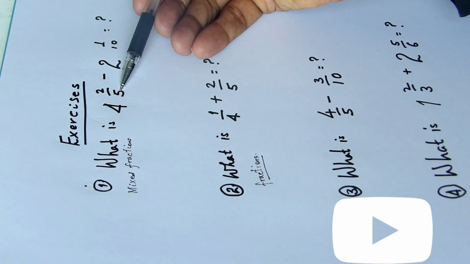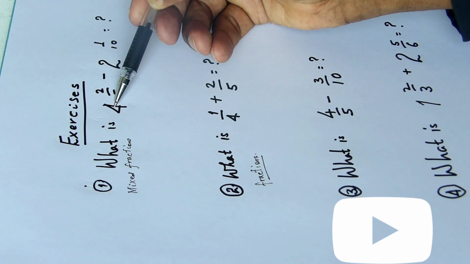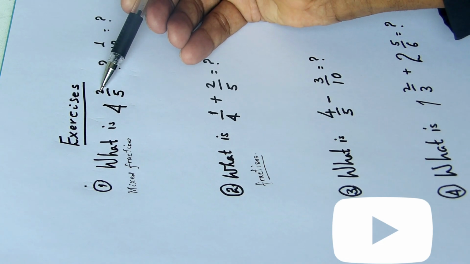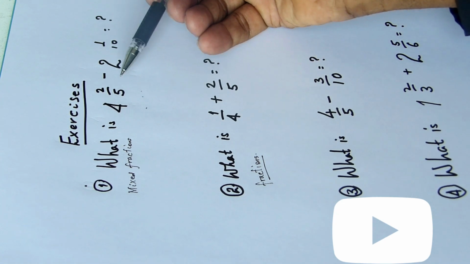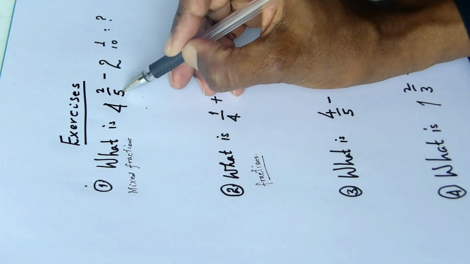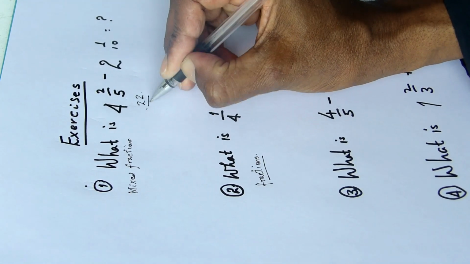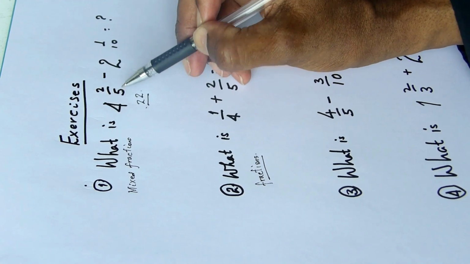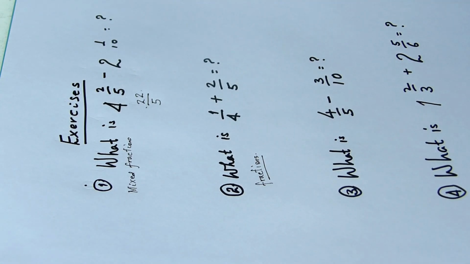First, multiply this by this one, then add this one, and make it over the denominator, which is 5. 4 times 5 is 20. 20 plus 2 is 22. Over what? Not over 4, not over 2, but over 5. The denominator is 5.